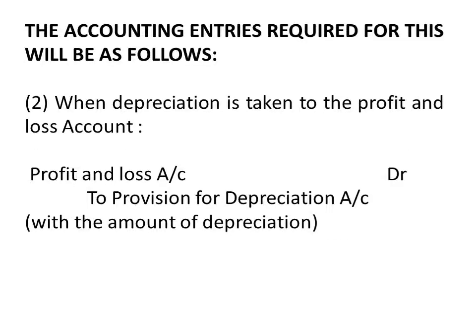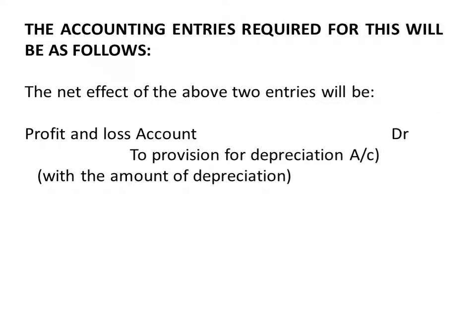When depreciation is taken to the profit and loss account, the journal entry would be profit and loss account debit to provision for depreciation account. The net effect of the above two entries will be profit and loss account debit to provision for depreciation account.